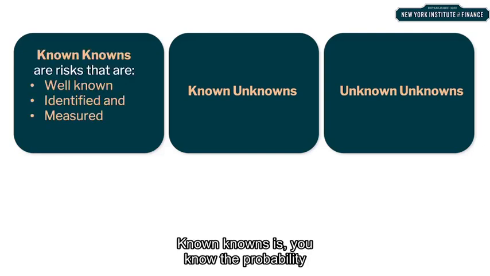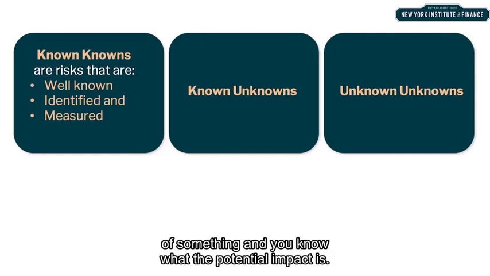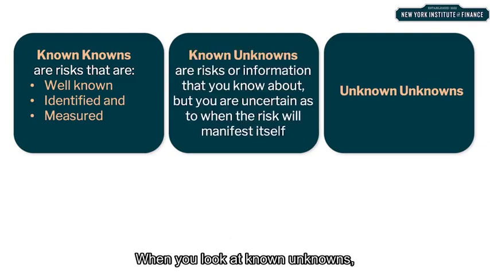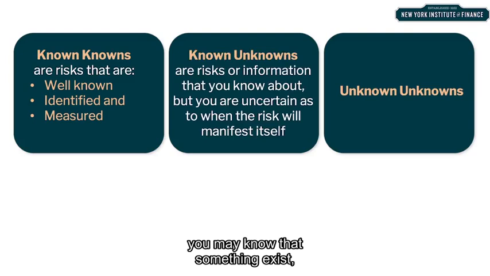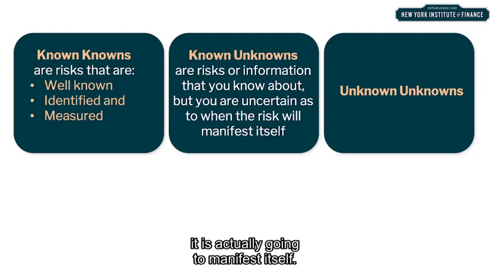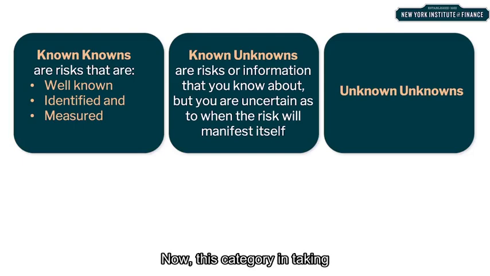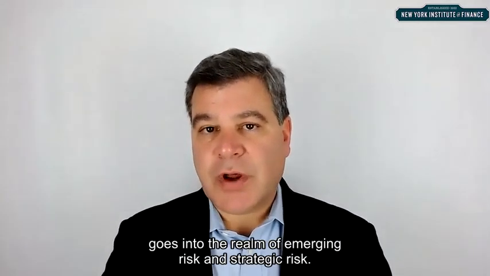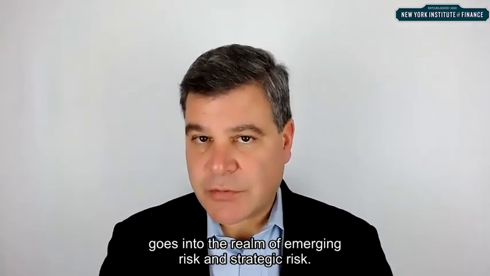Known knowns is when you know the probability of something and you know what the potential impact is. When you look at known unknowns, you may know that something exists, but what you don't know is when it is actually going to manifest itself. Now, this category, in trying to measure risk, goes into the realm of emerging risk and strategic risk.